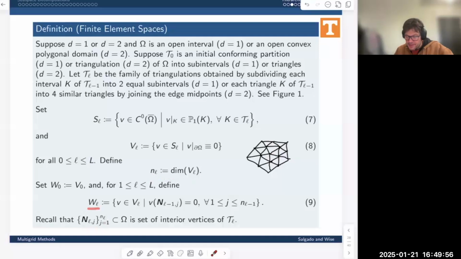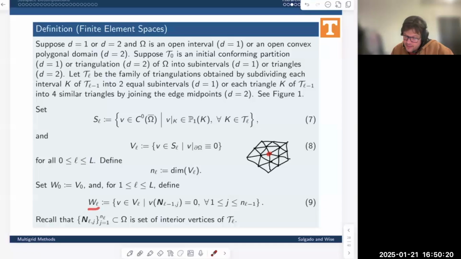WL is the set of all functions from that space where the degrees of freedom from the previous mesh have been set to 0. So let's go back to this example. The only degree of freedom that appeared in the previous mesh was this guy, okay? So that means that one of the degrees of freedom is eliminated on W2.